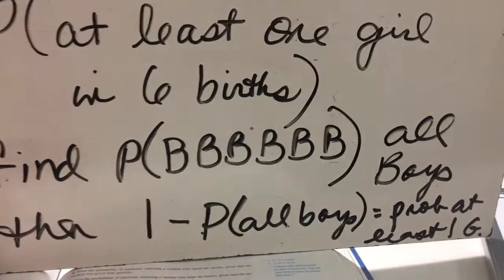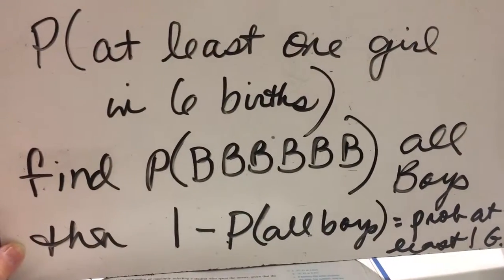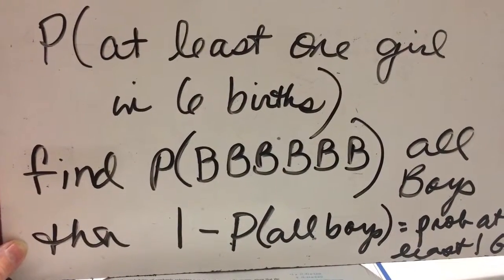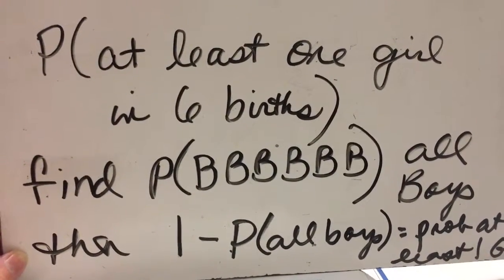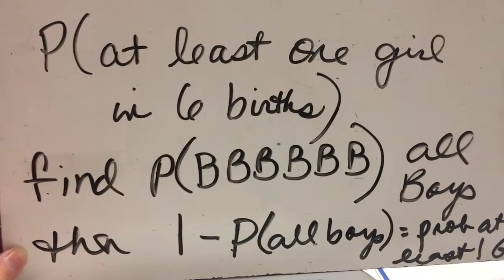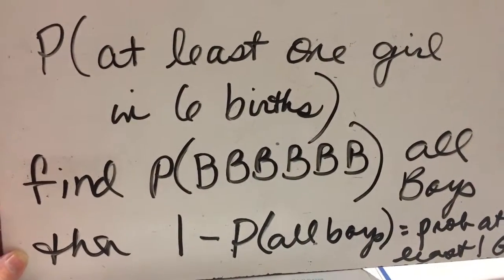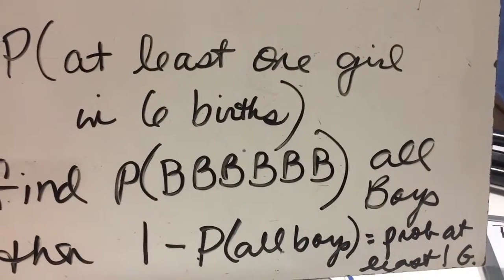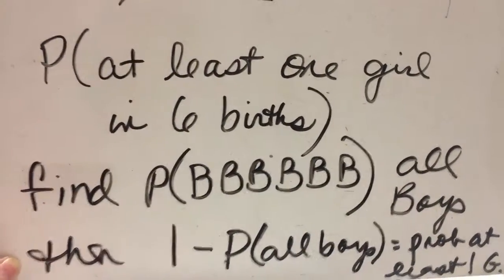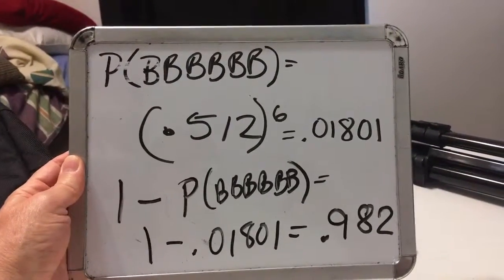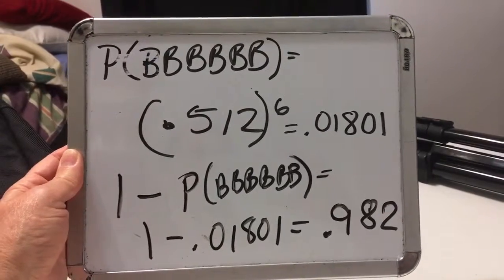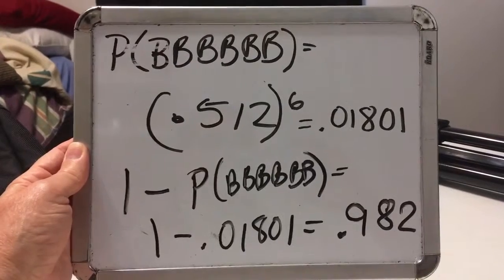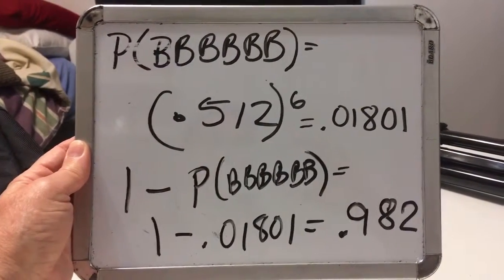And then to find the probability of at least one girl, remember the probability of at least one girl is 1 minus the probability that there are no girls, which is the probability that they're all boys. So 1 minus the probability that they are all boys will be the probability that there's at least one girl. So here's the math. The probability of boy, boy, boy, boy, boy, boy is 0.512 raised to the 6th power, because we just take 0.512 times 0.512, and so on.